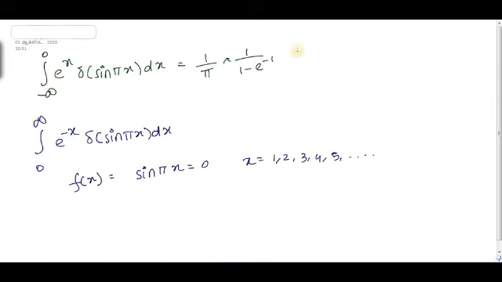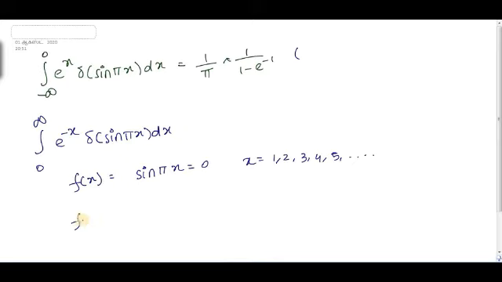When x equals 0 the function is satisfied, so x equal to 0 is actually a solution, but since we have taken that already for the negative limit, we need not take it for the positive limit also. That's why I have considered the values like this.